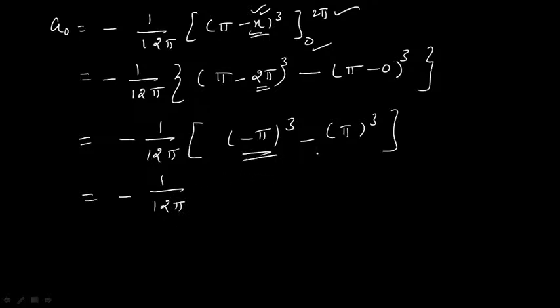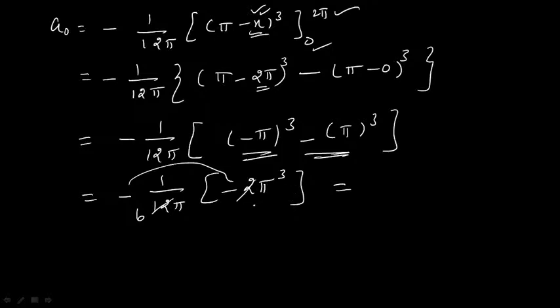So here you have minus 2 pi cube. What happens? This minus and minus becomes plus, then 6 2s are 12, cancelling the common terms. Here you have pi and here pi cube, so pi square, isn't it? So you have pi square divided by 6. So here the value of a0 we calculated as pi square divided by 6.